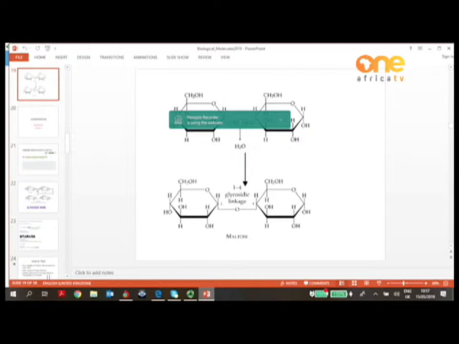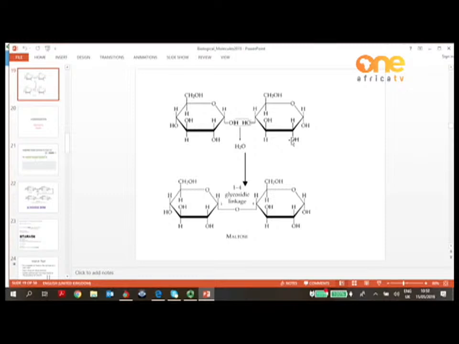We can look at this molecule and we can count the C, the H, and the O. Now, I have 3 types of carbohydrates: monosaccharides, disaccharides and polysaccharides.